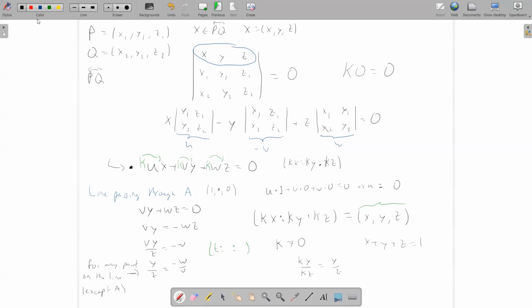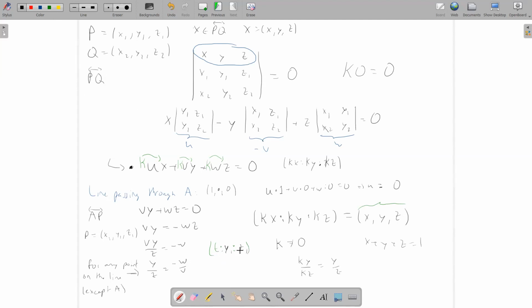So that if my original point, like if the line passes through A and P, where P equals x1, y1, z1, then we know that y over z will equal y1 over z1 always. So that this proportion, ky over kz, will also be y1, z1.